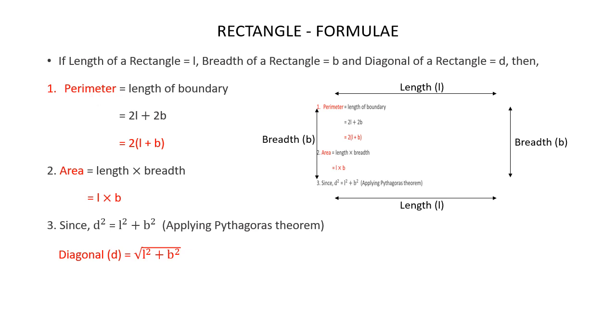Now let's look at the formulae for perimeter, area and diagonal of a rectangle. Now perimeter is nothing but the length of the boundary.